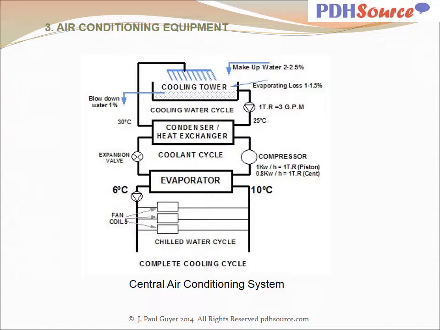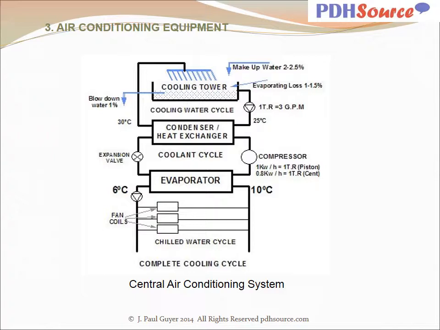It is sprayed out of nozzles at the top, falls down to the bottom, and in that evaporative cooling process it is cooled down to 25 degrees centigrade, and that cooling water just continues to circulate.